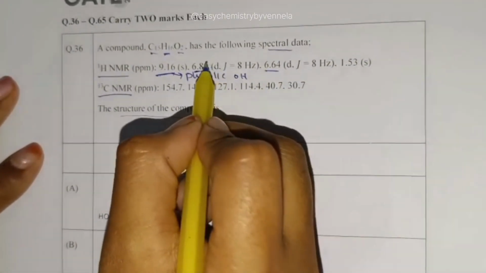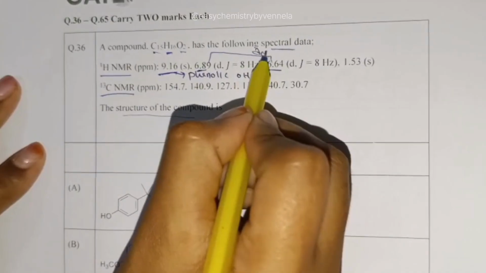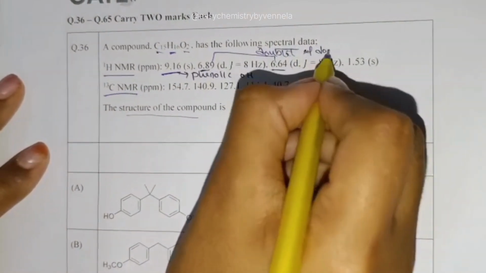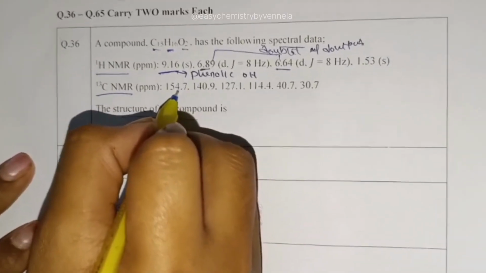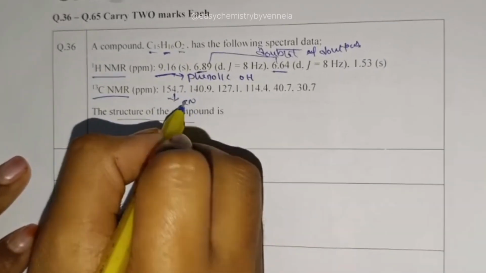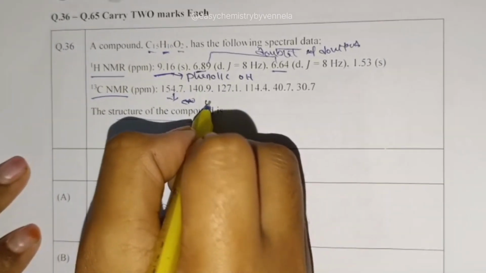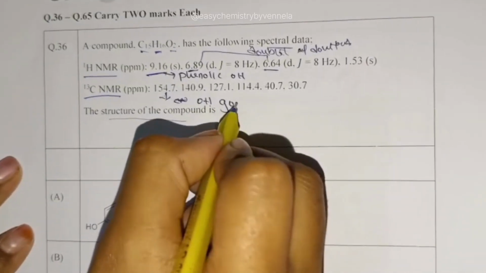Next, 6.89, 6.64. These two are doublet of doublet. Here in C13 NMR, it is also an OH group.